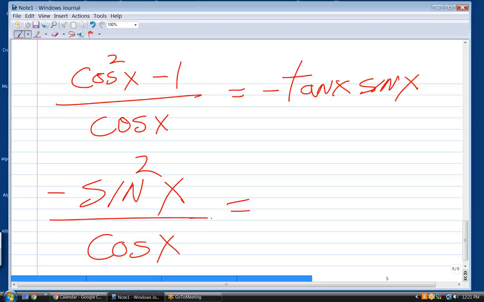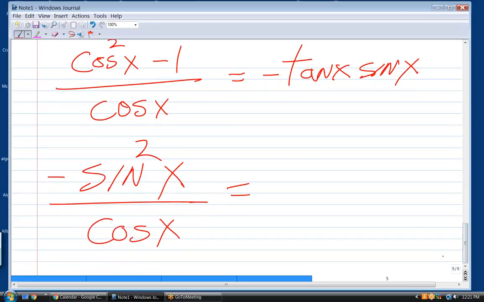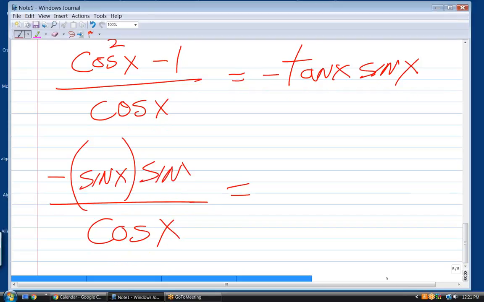Okay. Now I've got to turn this into this. What could I do? I could split it, I guess. Okay, by splitting it, I think you mean this. Yes, that's what I meant. And then you would just multiply the negative with one of the signs.